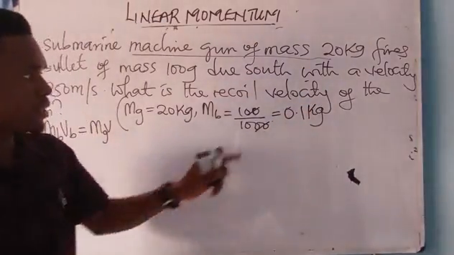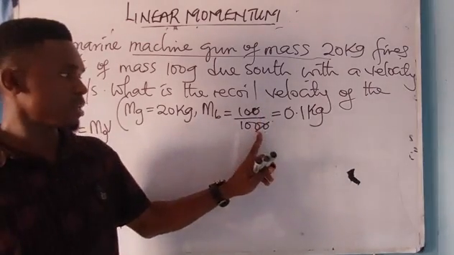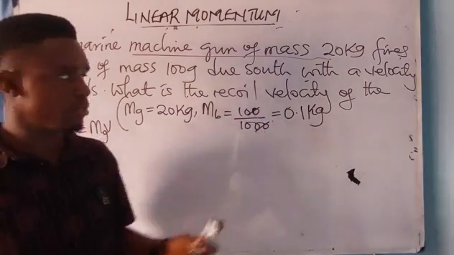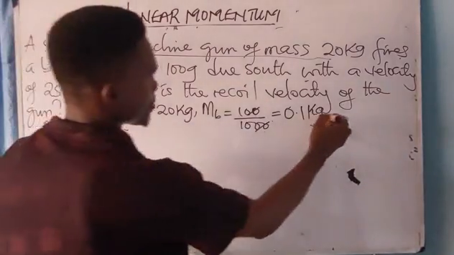The mass was given in gram, so you divide by 1000 in order to convert to kilogram.